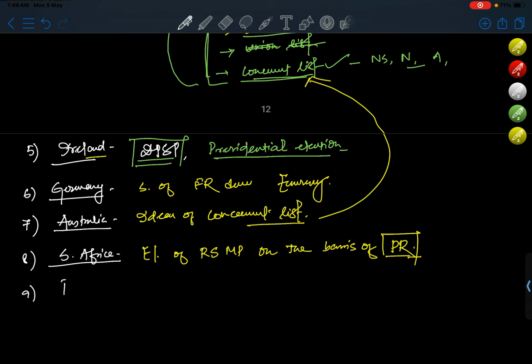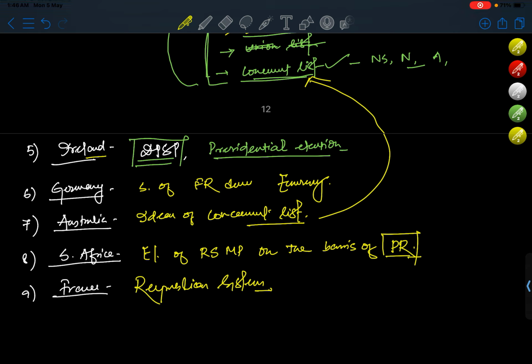Next, France. It is Republican system. What is Republican system? Republican system means the head of the state is elected. It is not hereditary or some monarchy. Like our head of the state, that is the president, is elected.